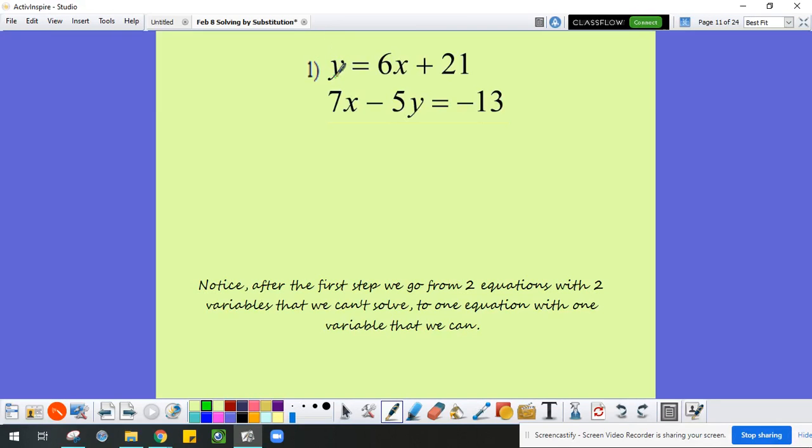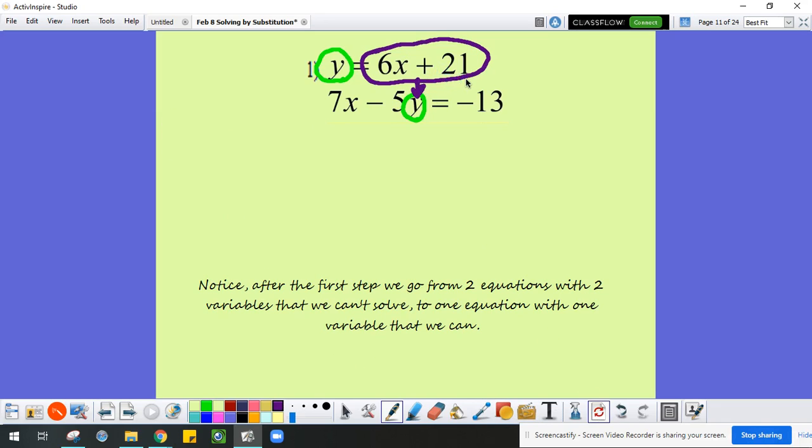So this one already has y isolated. That is what I'm going to substitute in the place of this y. I have what y equals. I don't know if it's 2 or -3 or 8 or 17, but I know that y is 6x plus 21. So I'm going to take 6x plus 21 and put it in the place of this y. It's going to look a little bit more challenging than what we did the last couple days.